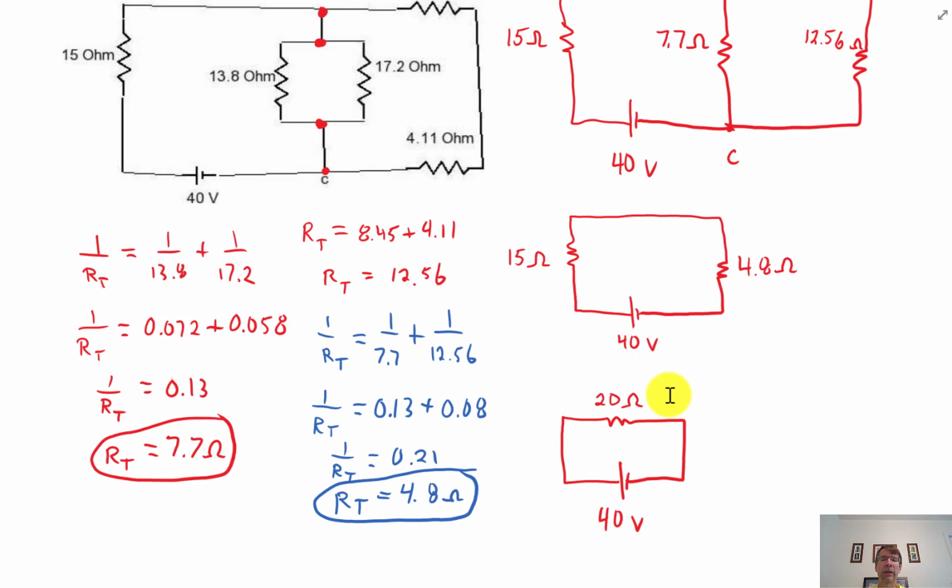Okay, now once you get to this final diagram, these diagrams are important. Now we're going to apply Ohm's law. I'm going to use V equals IR. Well, this one's pretty simple. The V is 40. I is unknown. R is 20. That's the total. We call that the total circuit resistance. So the current in this little diagram down here will be 2.0 amps.